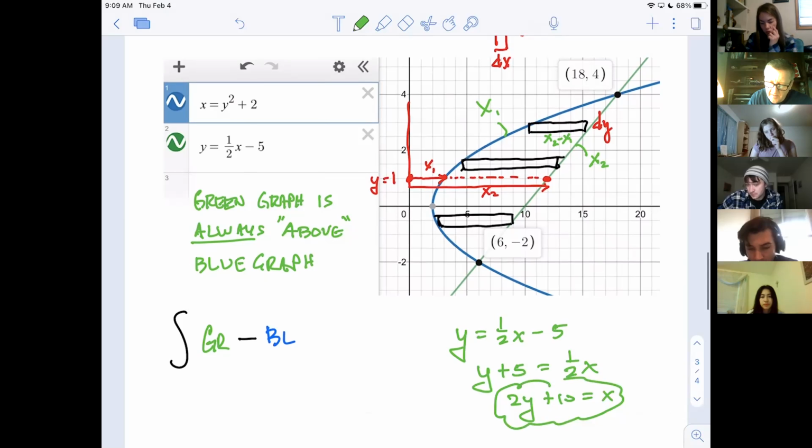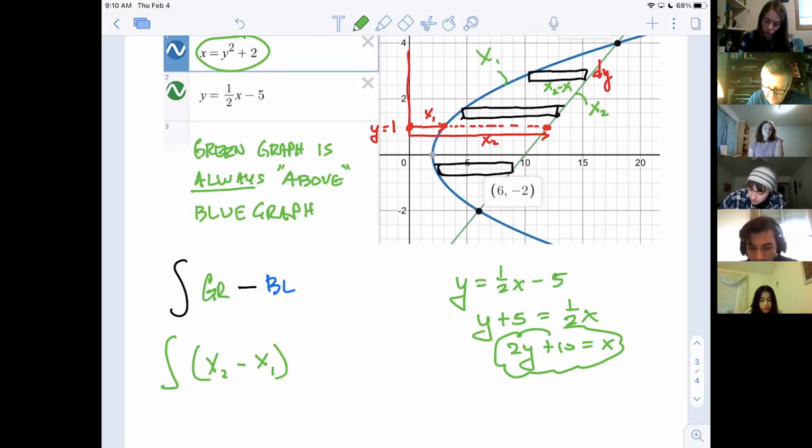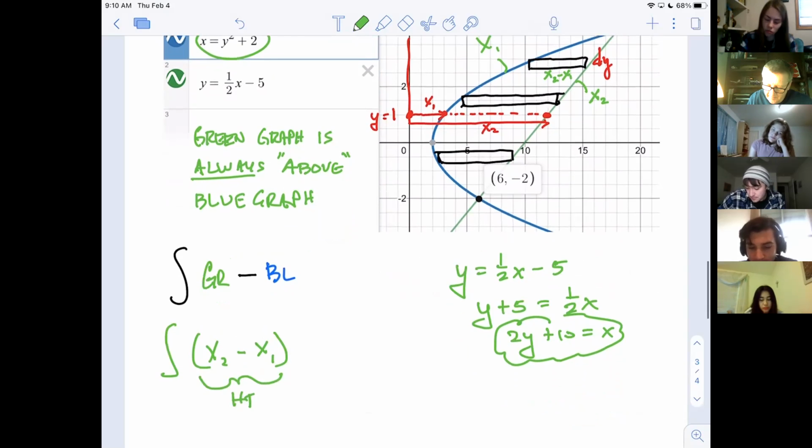So now I have x equals gobbledygook and x equals gobbledygook. So what I'm really saying here is, as I said before, my heights are x2 minus x1. That's the height of my rectangle.